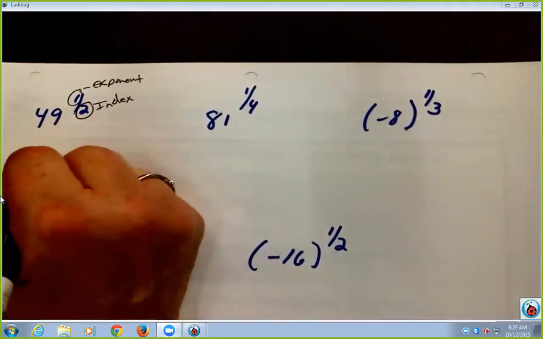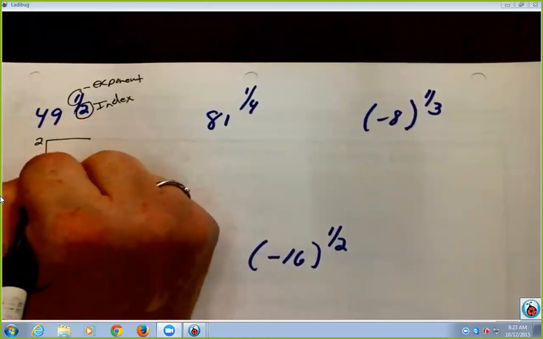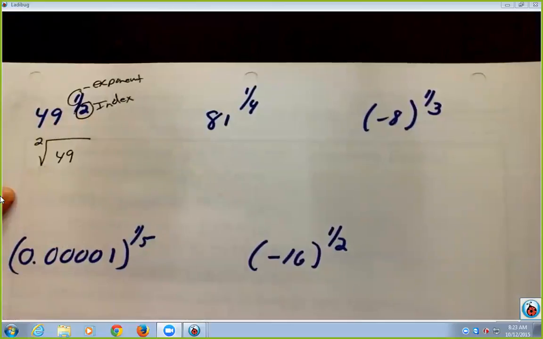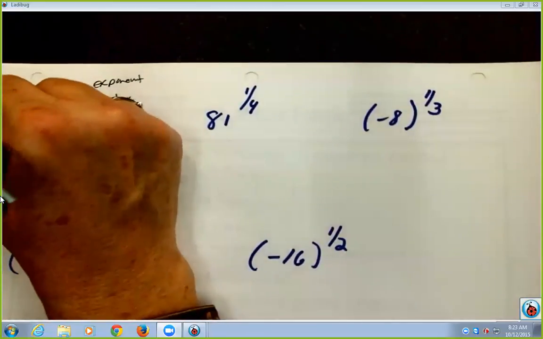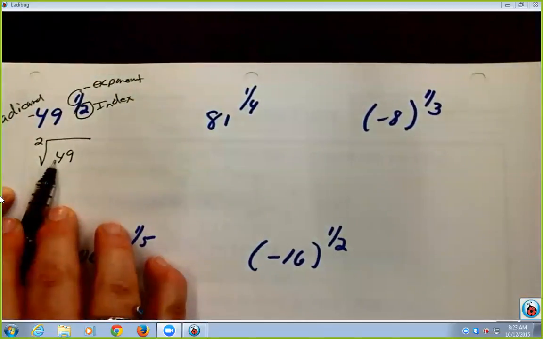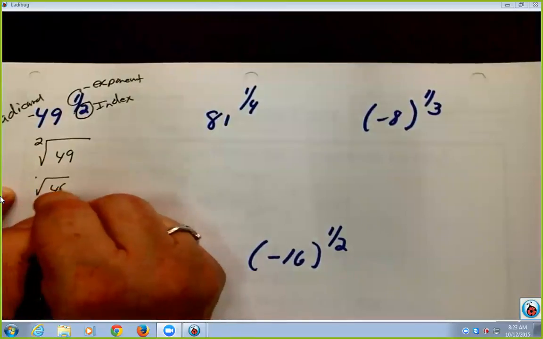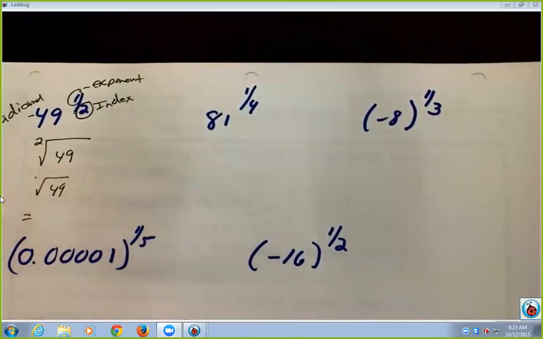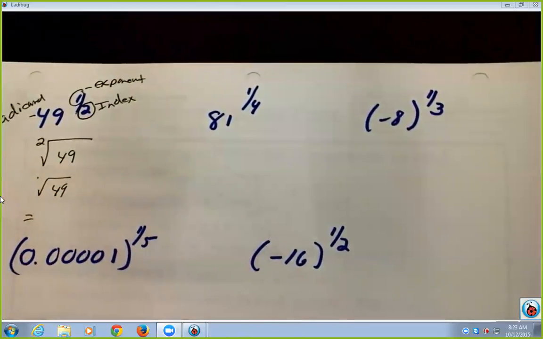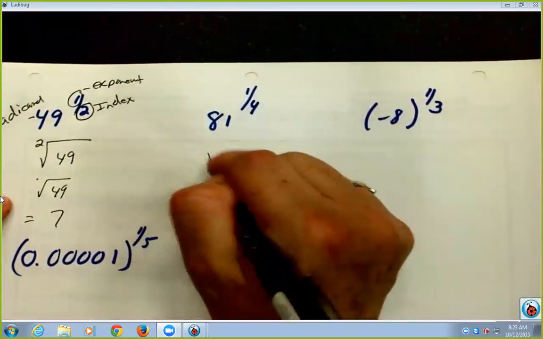Well, if I take it and reverse it, the 2 is my index, the 49, which is the base, is the radicand. It can go underneath that, so what's the square root of 49? And we did that last time. So the square root of 49 is a big whopping what? 7. Perfect.